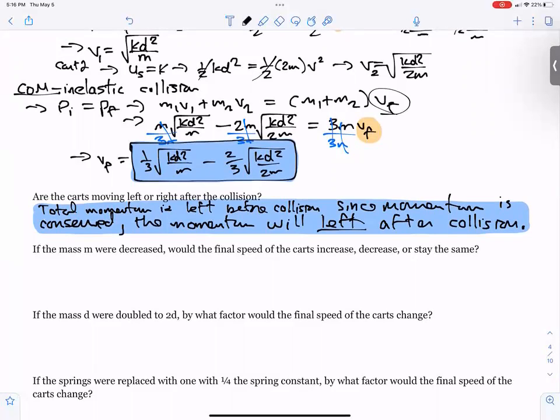If mass were decreased, would the final speeds increase, decrease, or stay the same? Well, you'll notice mass is in the denominator of the expression.